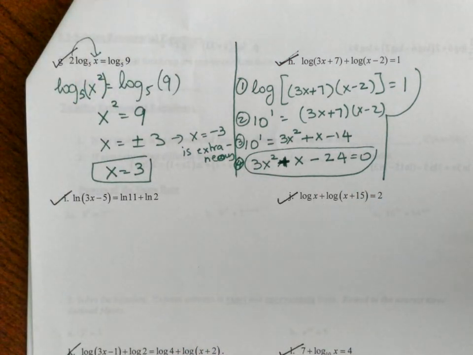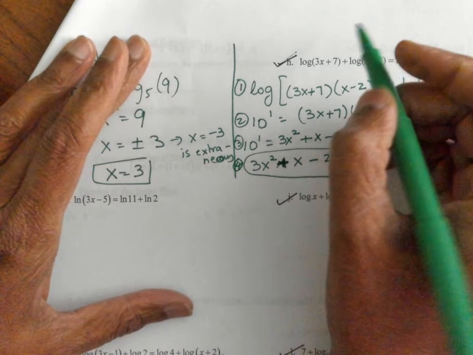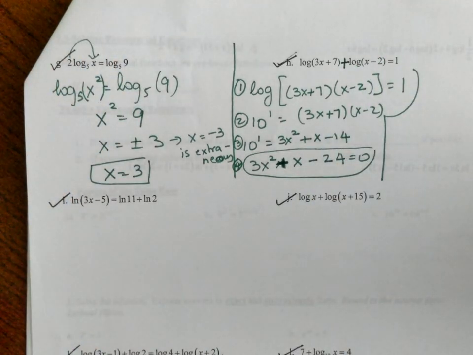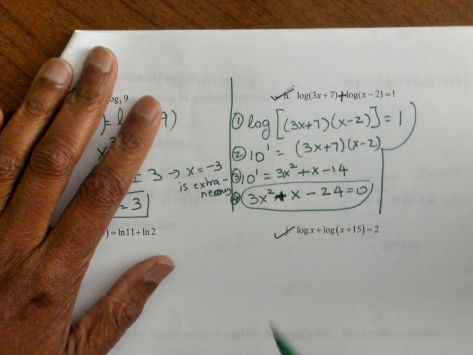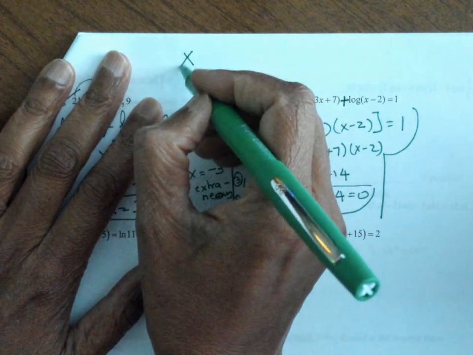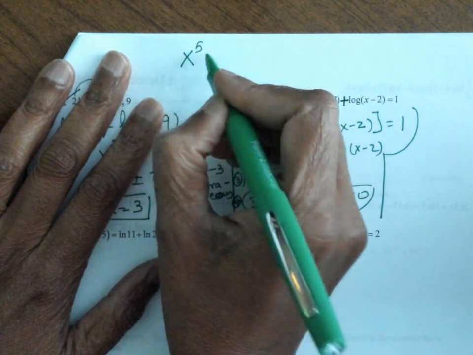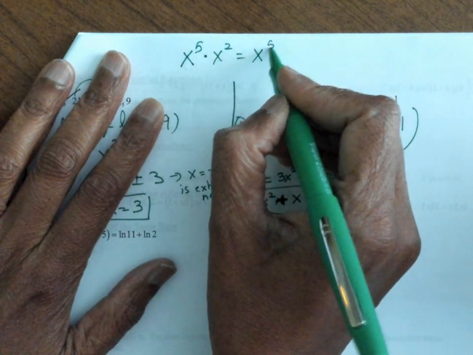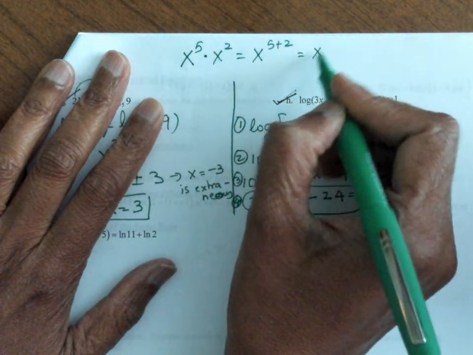Why are we multiplying them rather than dividing them? Good question, because it's a plus. Remember, plus converts to multiplication. Annalisa, I know you weren't there for the last class, but it comes from this. When you have exponents, like x to the 5th power multiplied by x squared, you add these: 5 plus 2 becomes 7.